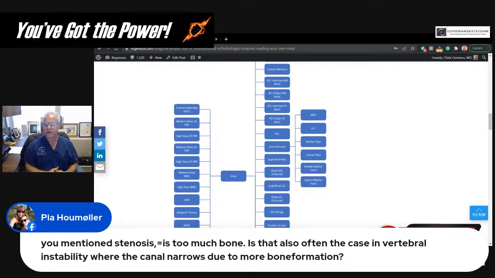Pia, you mentioned stenosis equals too much bone. Is that also often the case in vertebral instability where the canal narrows due to bone formation? Yeah, so Pia, that's what stenosis means, that there's some extra bone putting pressure on either the spinal canal or the foramen where the nerve comes out. If it's in the spinal canal, it's called central canal stenosis, and if it's in the foramen, it's called foraminal stenosis.